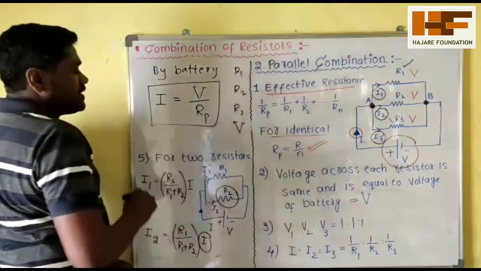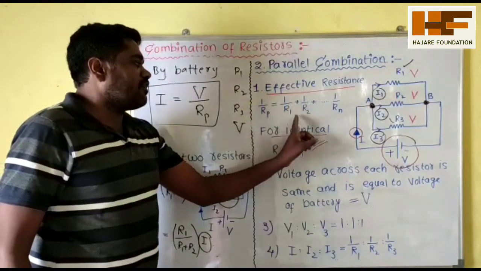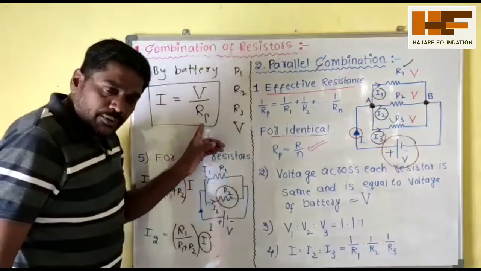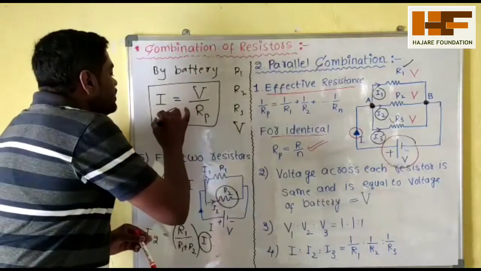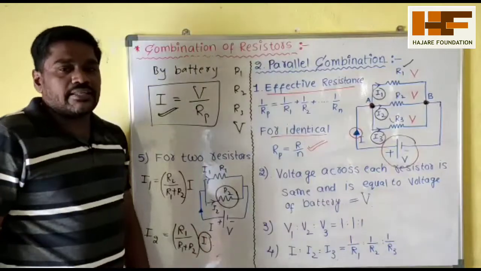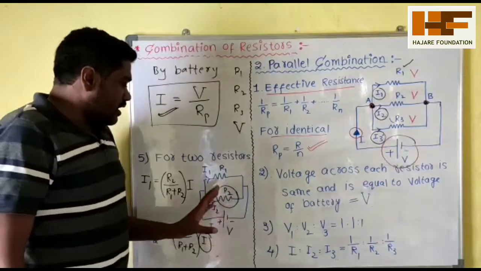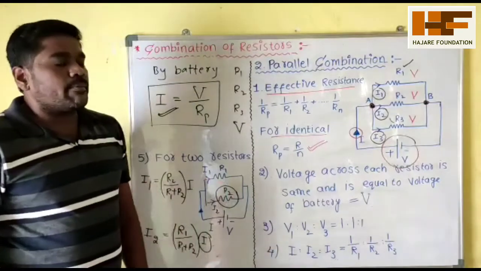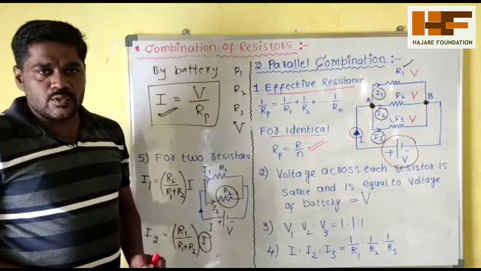First, from 1 by Rp is equal to 1 by R1 plus 1 by R2 plus 1 by Rn, find the Rp value. Substitute this Rp value in this formula to find the current supplied by the battery. After that, substitute here and you can get the answer very easily. This is the current through each resistor in the given parallel combination. These are very, very important, and let us discuss more problems on this one. Thank you.